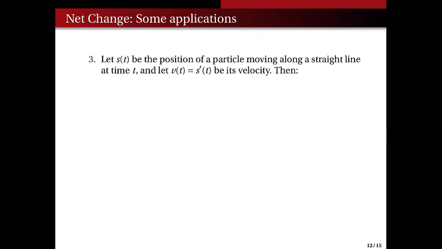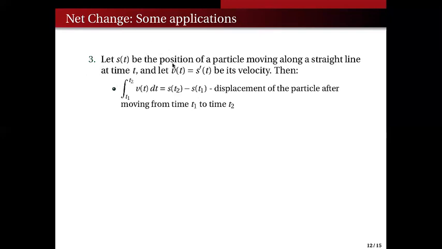Then we have the following. If you integrate your v of t from t1 up to t2, you will get s of t2 minus s of t1. This is the displacement of the particle after moving from time t1 to time t2.